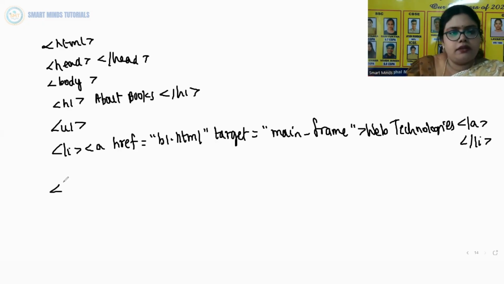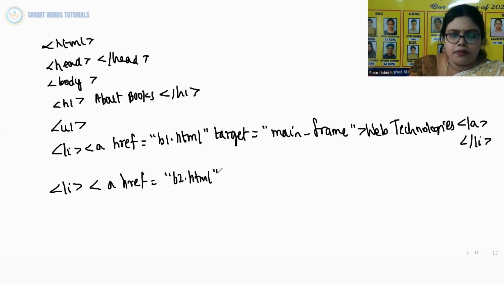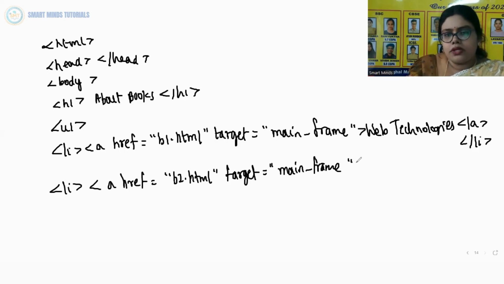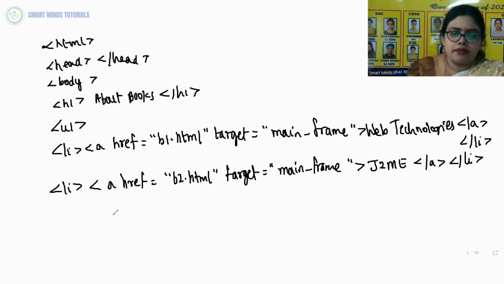Now we create another list. Again we proceed the same way: A href equals b2.html target equals "main_frame", j2me. Now close the A element and close the list tag.